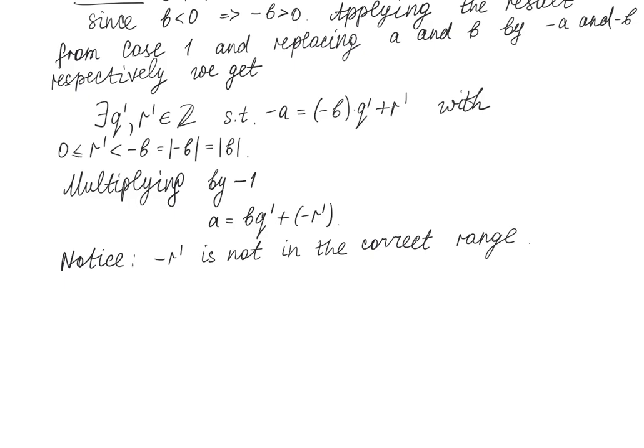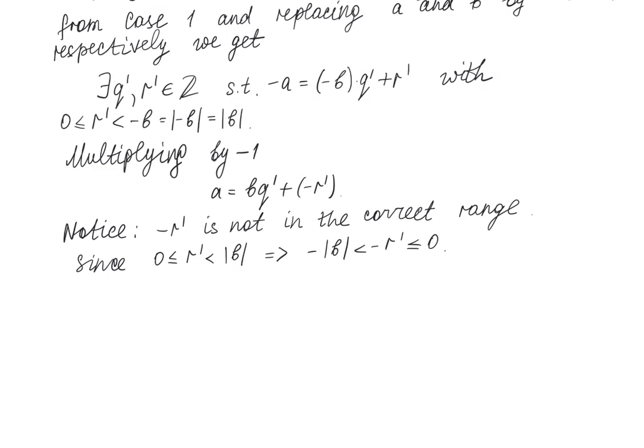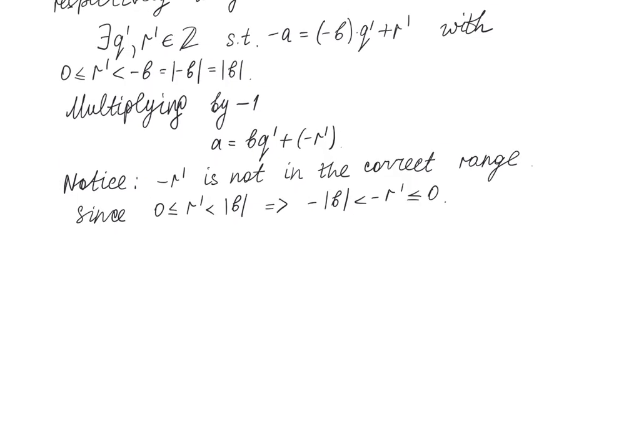So since 0 is less than or equal to r prime is less than absolute value of b, this implies minus absolute value of b is less than negative r prime is less than or equal to 0. But we can fix this problem.